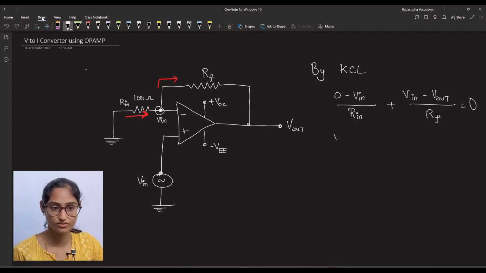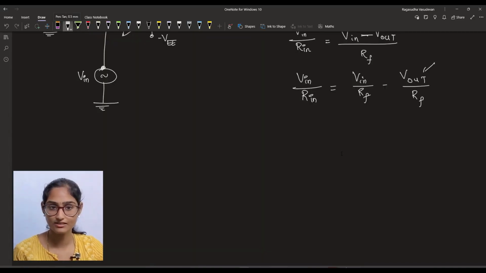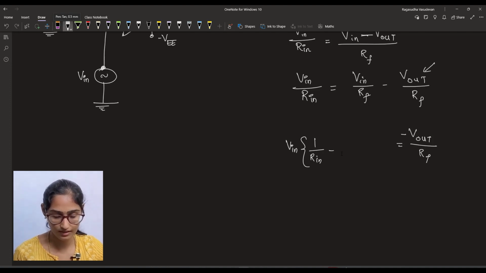We are going to rearrange these terms for now. So Vn by Rn is equal to Vout minus Vn divided by Rf. Let's rearrange the terms and find out Vout. We will have Vout by Rf on one side, and then we will shift this here. So this will be Vn into 1 by Rn plus 1 by Rf.